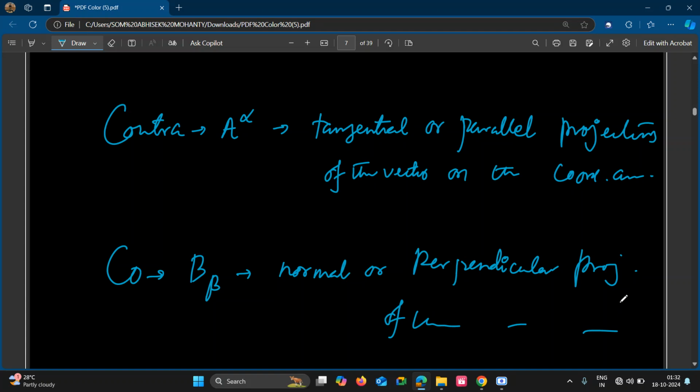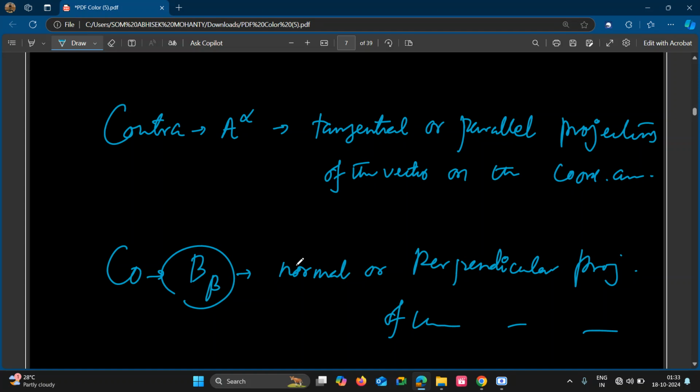Our familiar perception is that the parallel projections define the components of a vector in Euclidean three-dimensional space, that is, the a alpha ones. So it is very convenient to consider that the contravariant vectors, your a alpha, form a vector space in the usual sense, whereas the covariant vectors, the b beta, constitute a dual vector space.